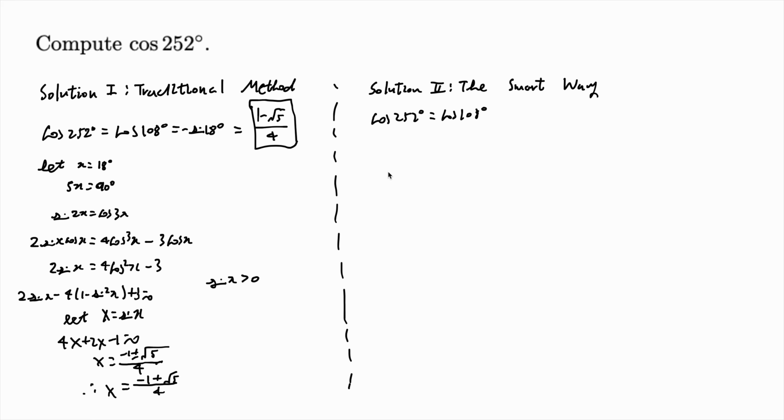So, let's say that we have a pentagon like this. Now, as most of you guys know, there is a golden ratio in here.